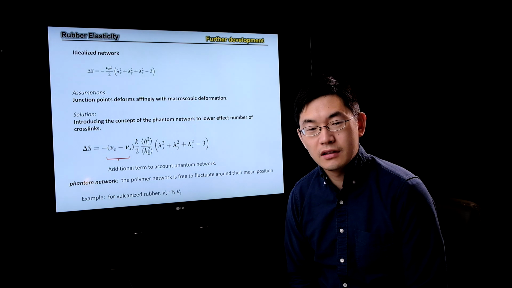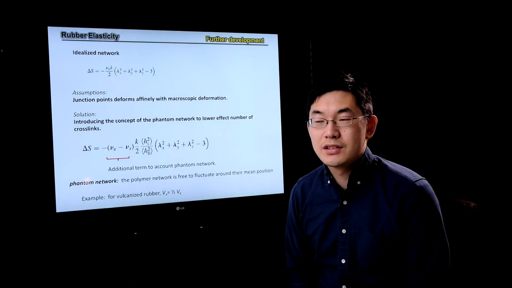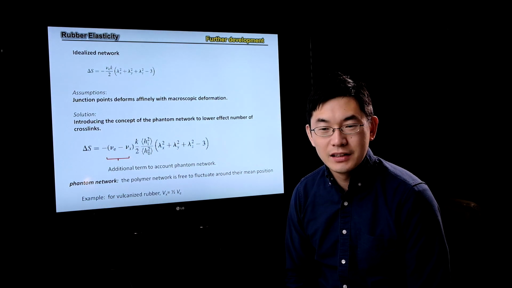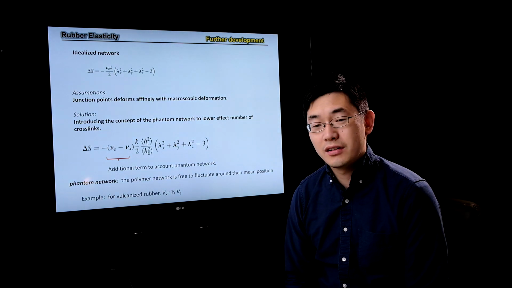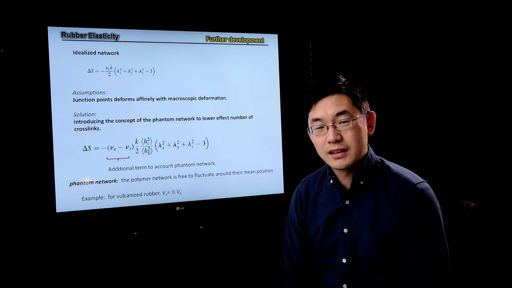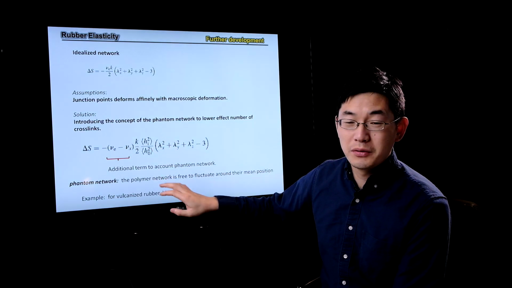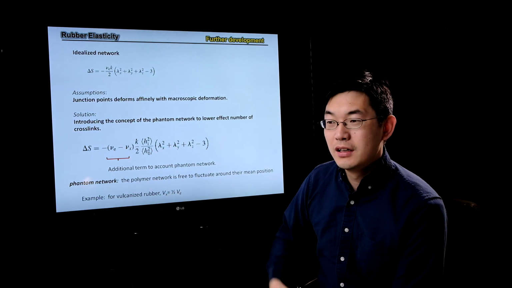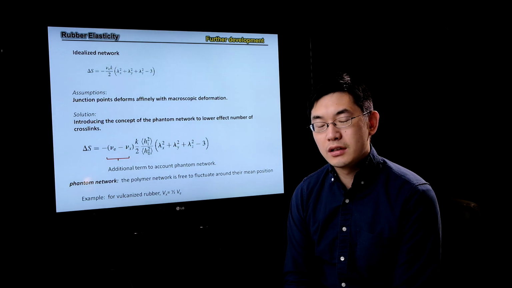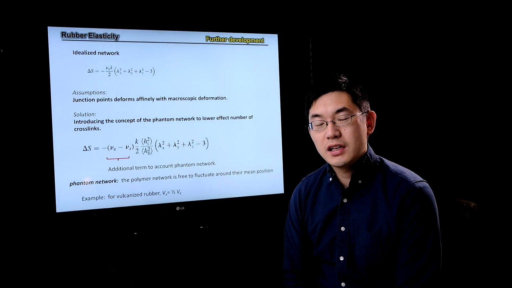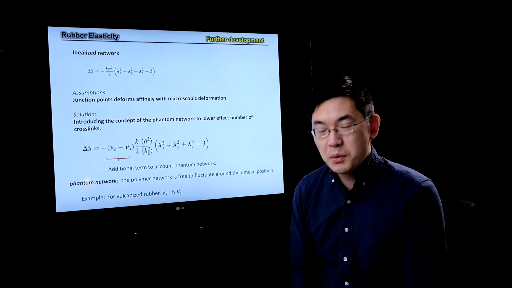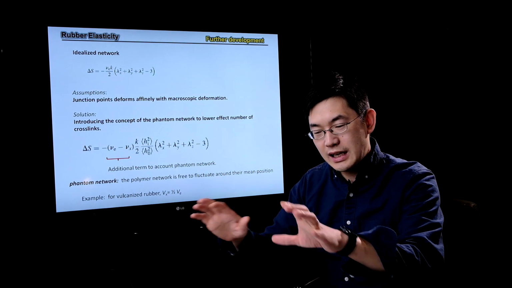Phantom means something is not real, something is idealized, like Phantom of the Opera, something ghost-like. Okay, so this ghost-like network is basically how people address the limitation of the affine network. Ghost network means we put a black box around what the network is.